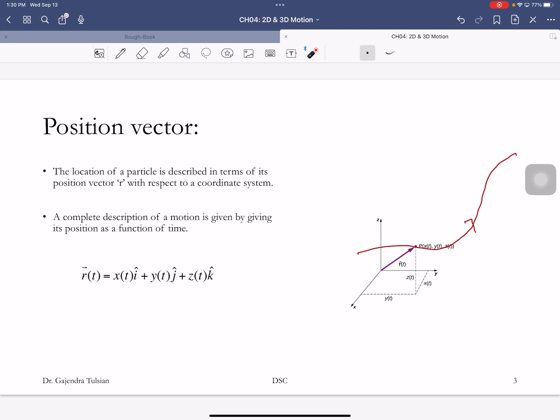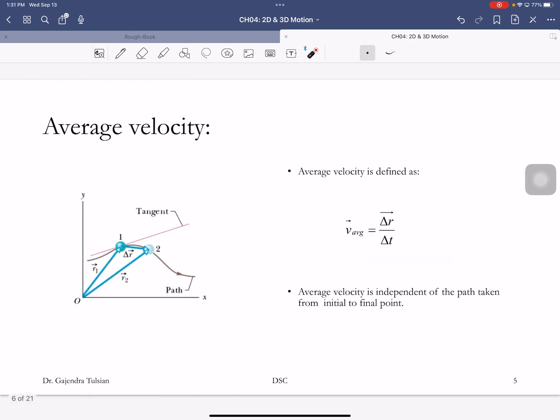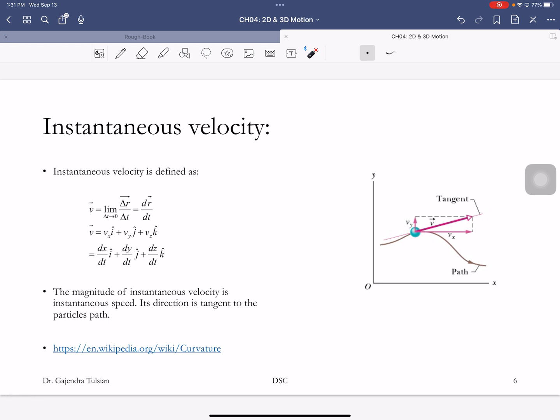What will we be interested in? Given your position as a function of time, there are a couple of things we are interested in. We want to calculate your velocity as a function of time, and your acceleration as a function of time. What is the velocity? Velocity is the time derivative of your position.